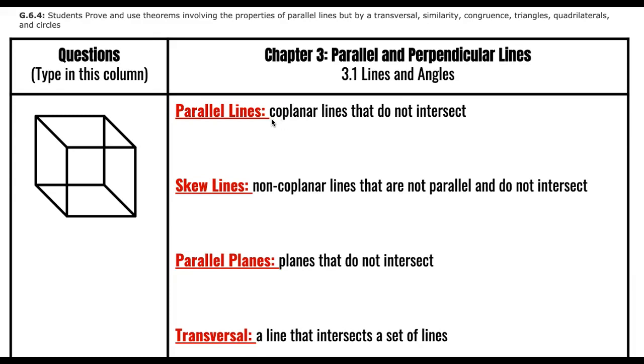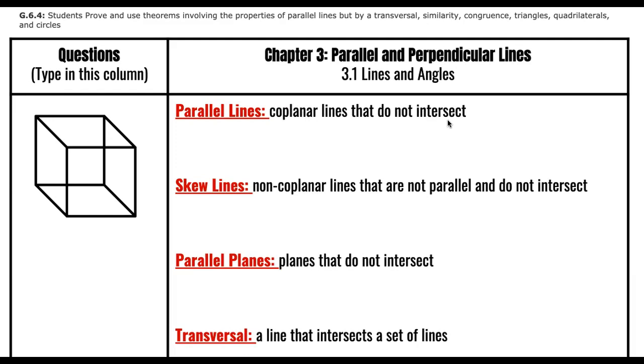So we know parallel lines also have to be in the same plane. If they're not in the same plane, they cannot be parallel. It doesn't matter if they intersect or not. So make sure you have that requirement added to your new knowledge. Parallel lines are coplanar, in the same plane, and they do not intersect.